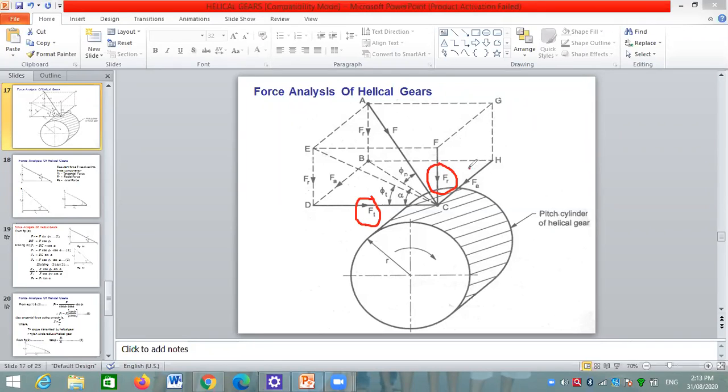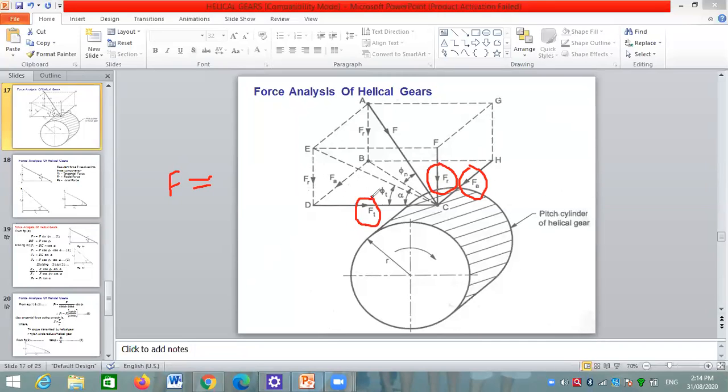And another one is the axial force. The axial force is an undesirable component of the resultant force. Means if we consider the resultant force is F, then it is divided into mainly three parts: one is the tangential force, another one is the radial force, and the third one is the axial force.